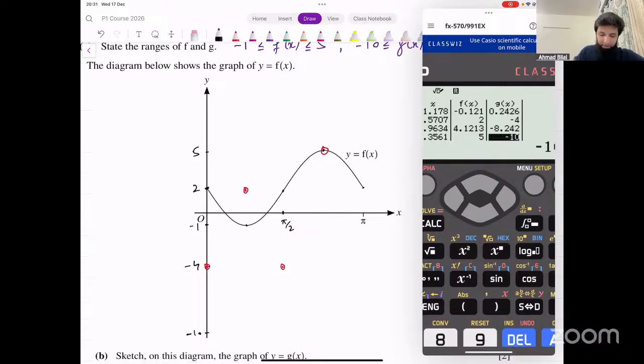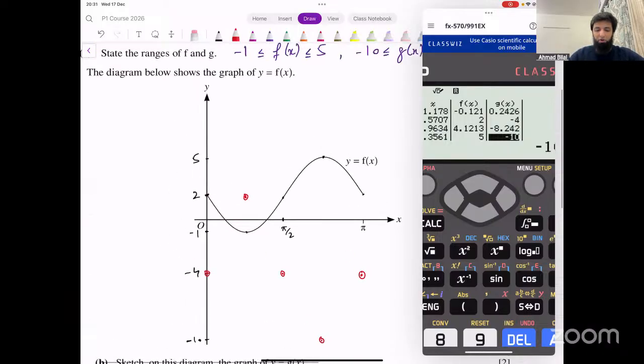Let's say this is -10. So we'll have a point here. And then finally, the last point is 2 into -2, that is again -4. You'll have this point here at the end.